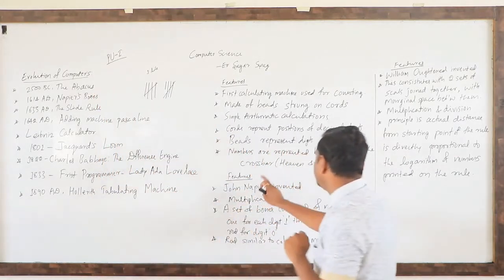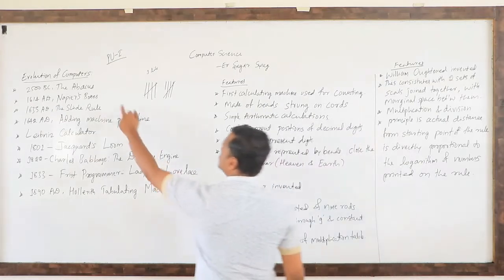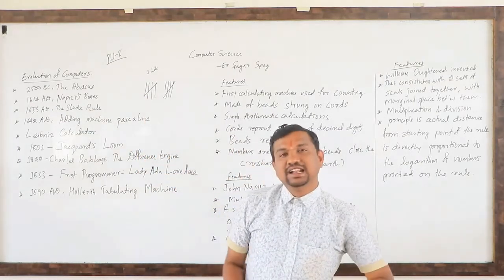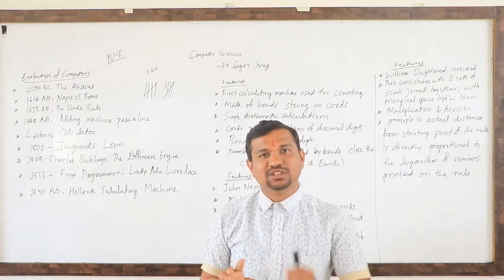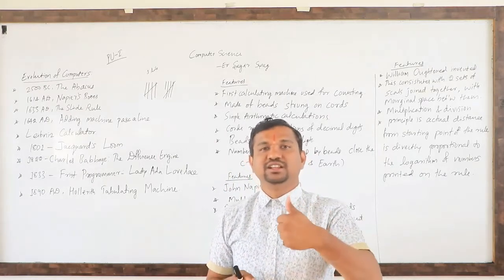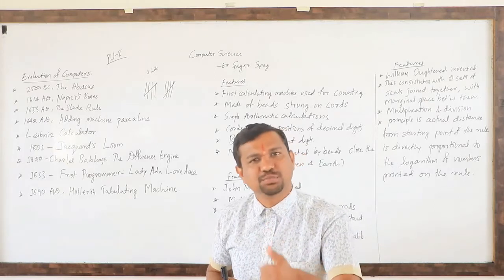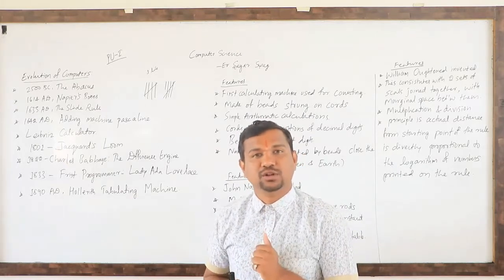And the next one is Napier's bones. Regarding Napier's bones, you might have heard, sir, that we were the oldest to use bones for calculation. Why?